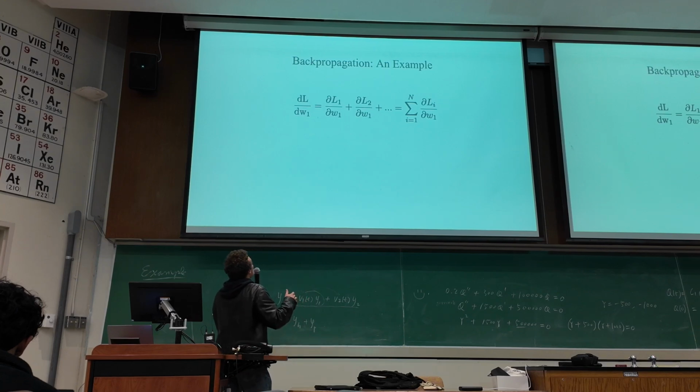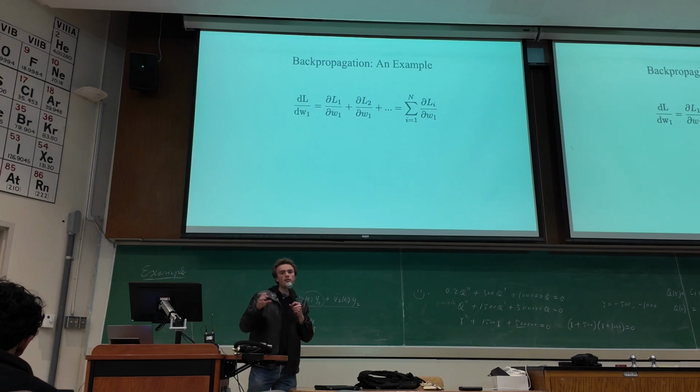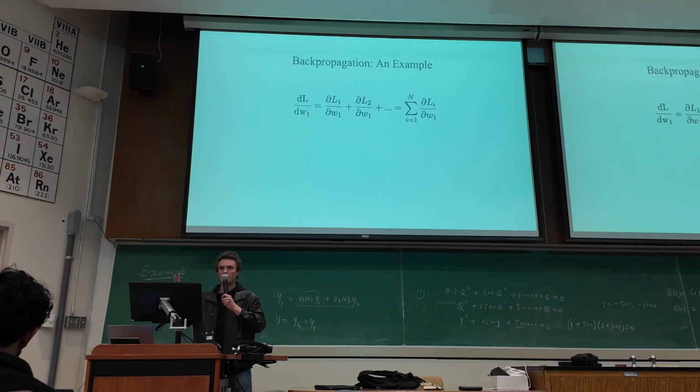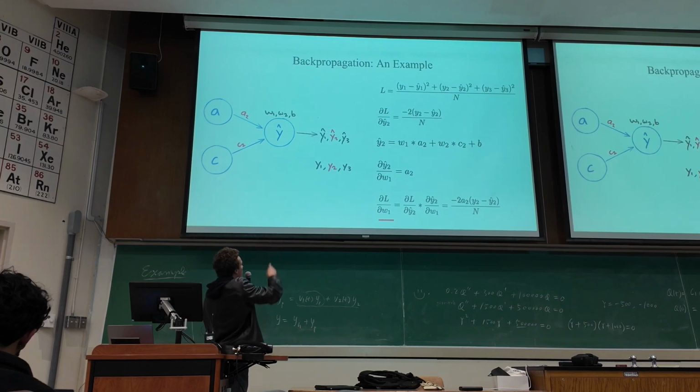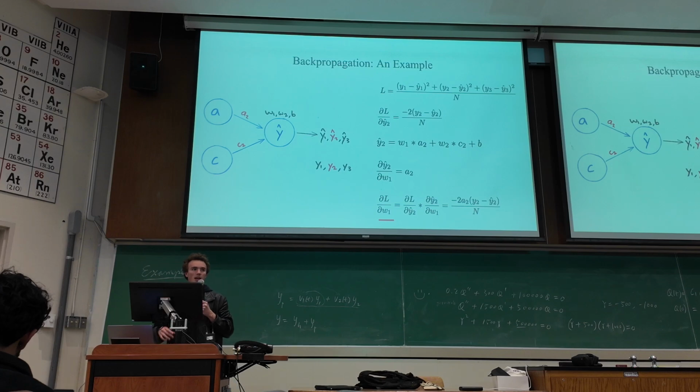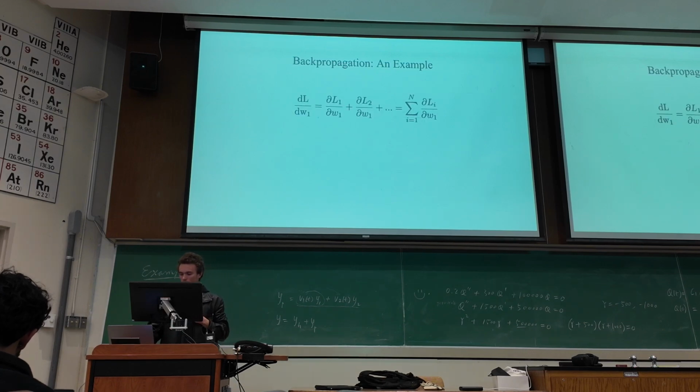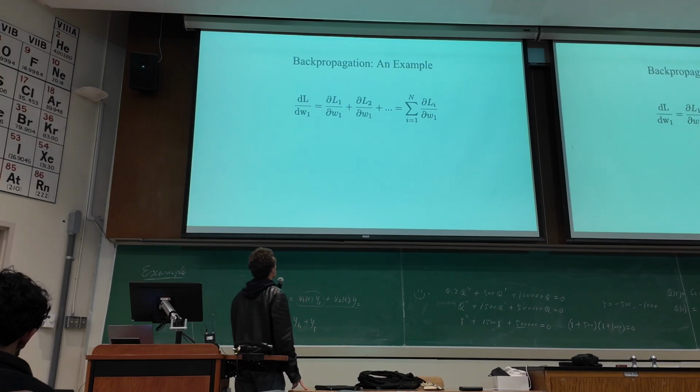That's important. So we want to sum up each contribution of these partial derivatives across all the training examples in this batch. I've labeled it n here, but before it would have been 3, right? We would have calculated the partial derivative of the loss with respect to weight 1 by doing this chain rule for the first example, the second example, and the third example, and we would have summed it all up. And that would have been the total derivative of the loss with respect to that specific weight.